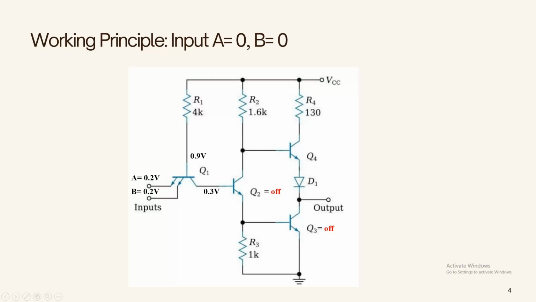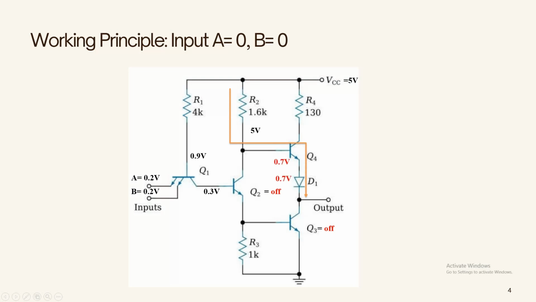As Q2 remains off and VCC, if we approximate it as 5 volt, there is no current flow through Q2. So all the current will flow through R2 and the Q4 transistor. And as there is no current flow through Q2, the collector node of Q2 will remain at high voltage level, nearly 5 volt. From here we can calculate the output voltage.